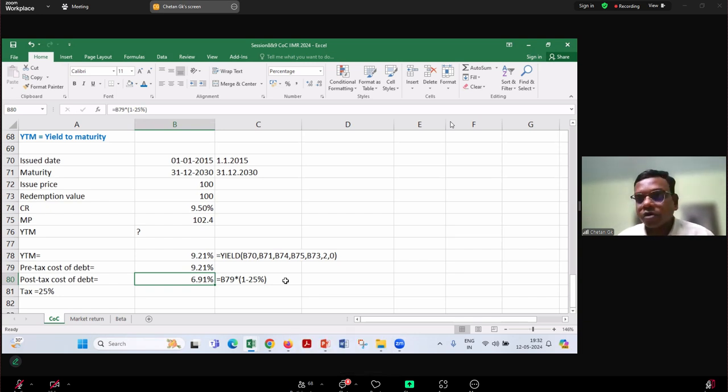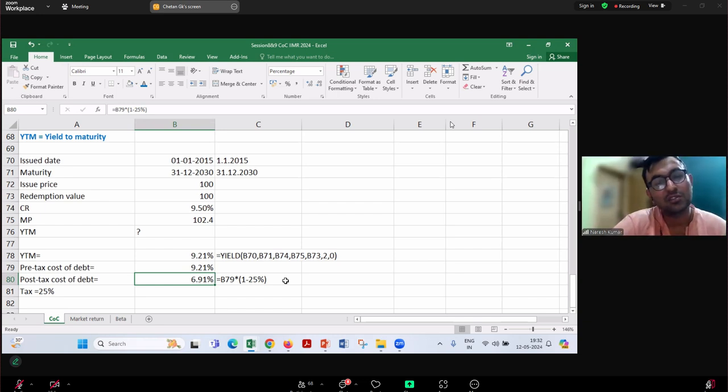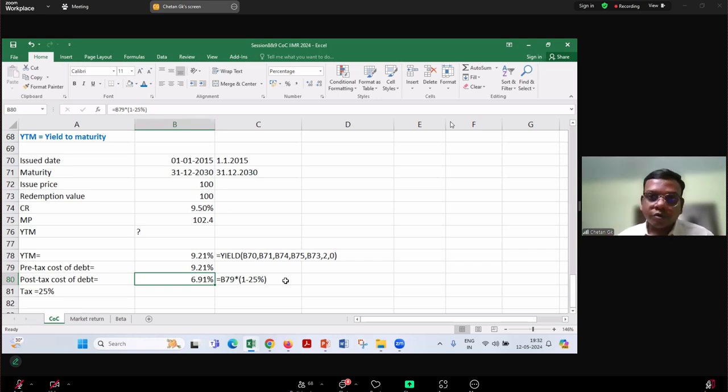Why are we going to subtract the tax? It is not going to reduce our profit. It is going to reduce our cash outgo because there is a tax saving which is coming up there.